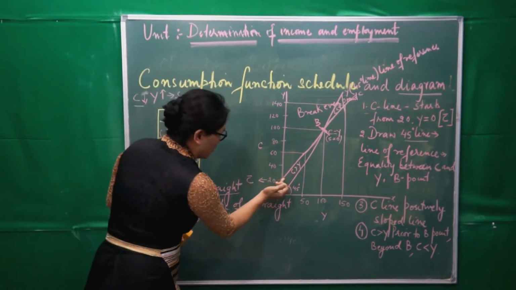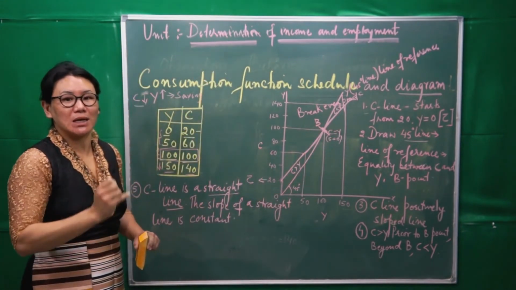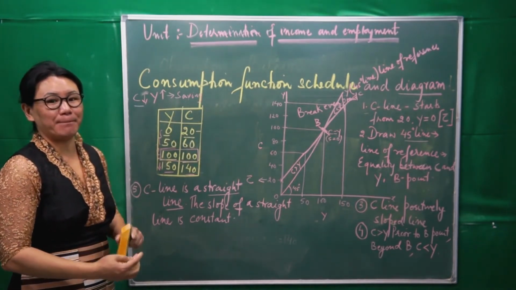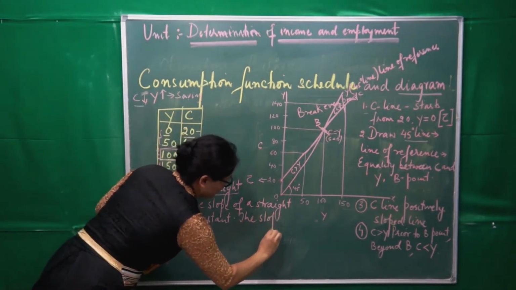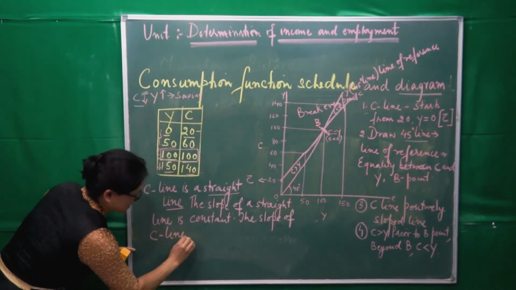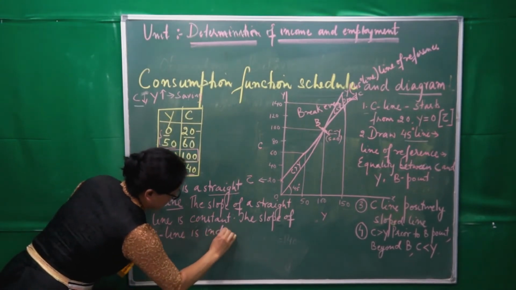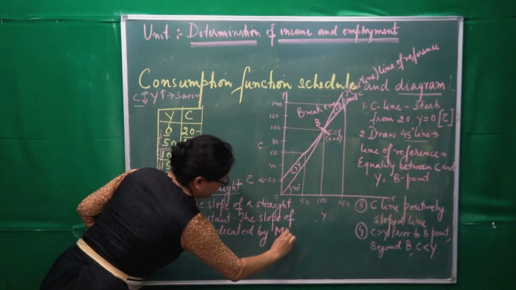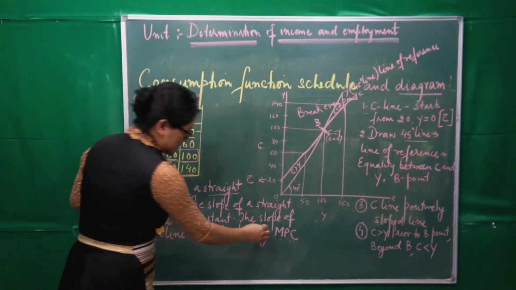And the slope of this C line, which is a straight line, is shown or indicated by MPC. Now see here, what is this MPC here?